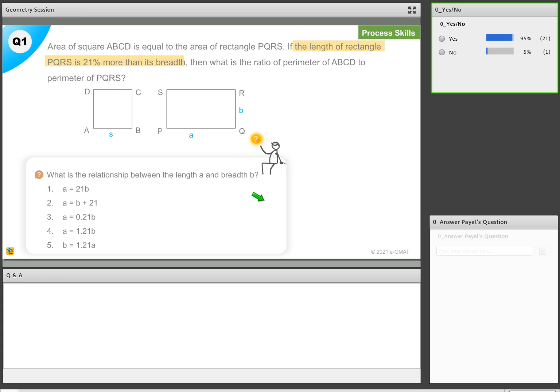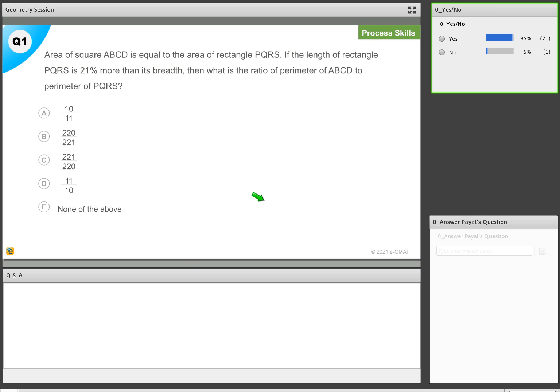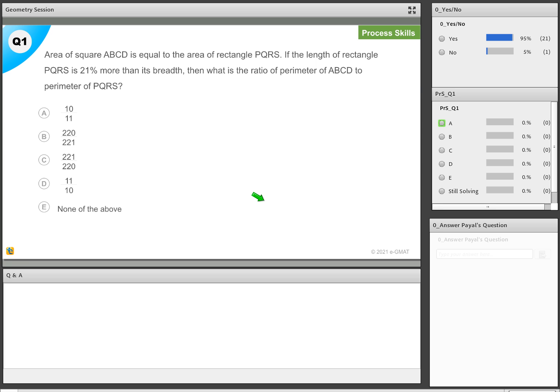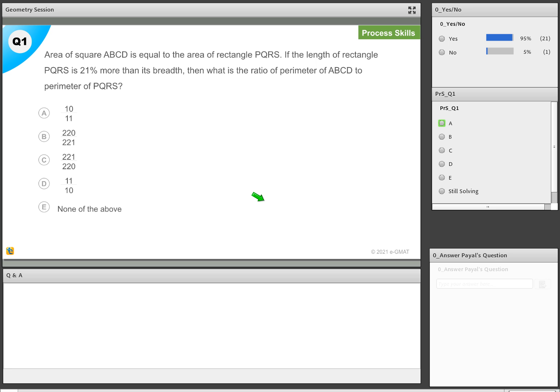Okay, here you go. Let's click on still solving. Go ahead and solve this question.